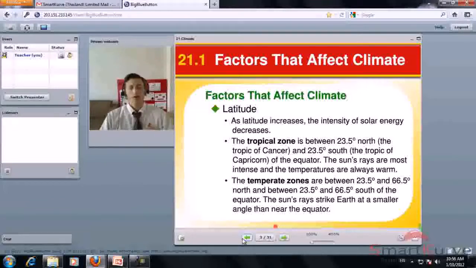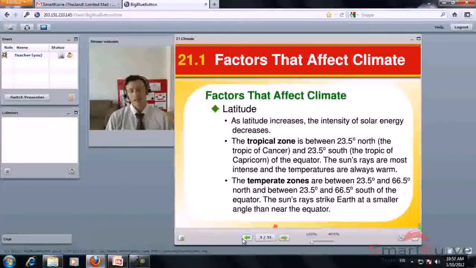As we move to the north and to the south, away from the equator, and we leave the tropics, we next enter the temperate zones. These are the areas between 23.5 and 66.5 degrees.